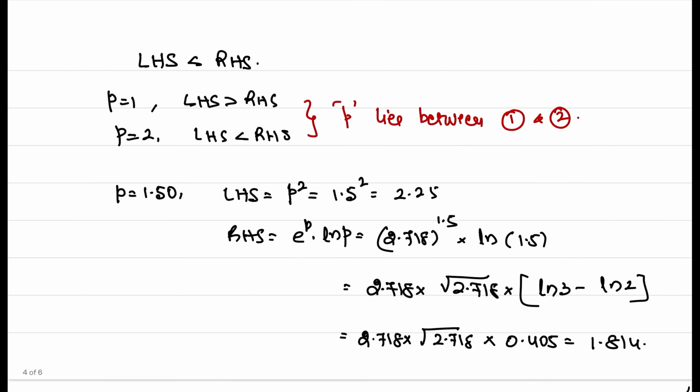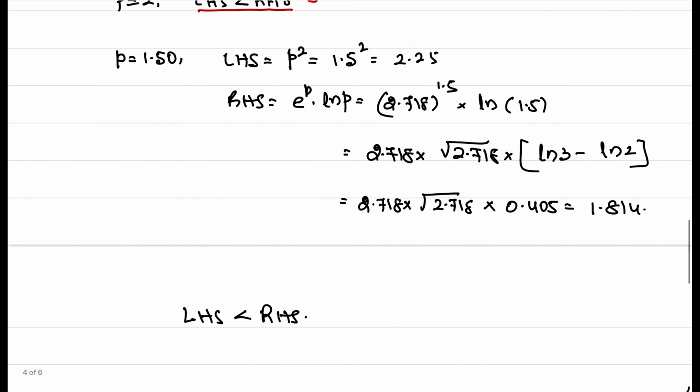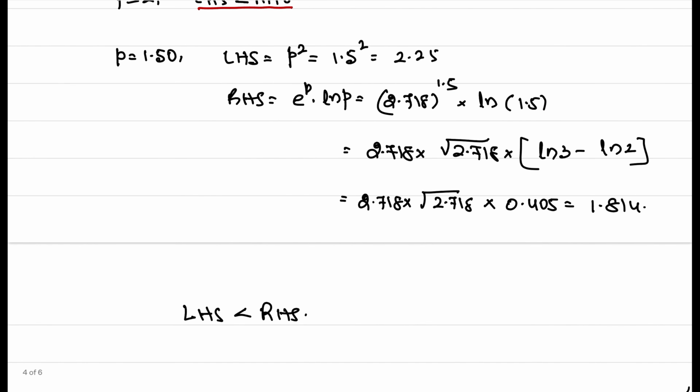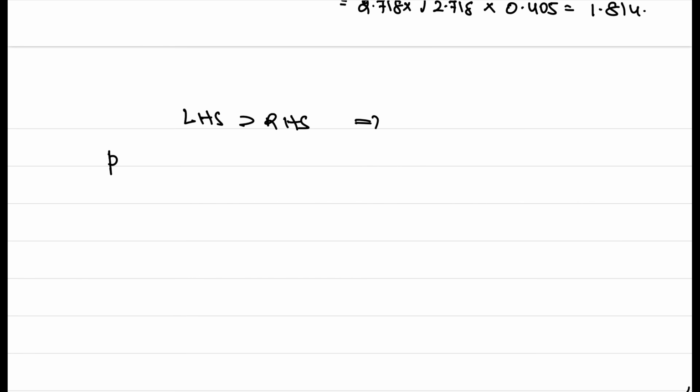That means this is still holding good at 1.5 also. LHS is greater than RHS. That means at 1.5 LHS is greater than RHS and at 2 LHS is less than RHS.